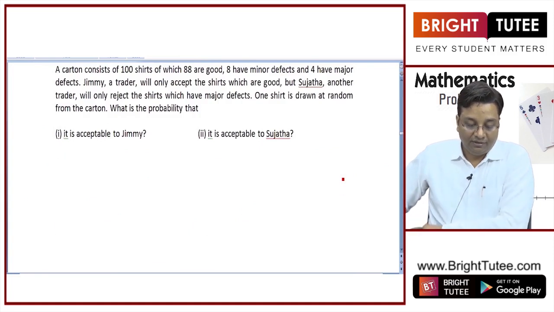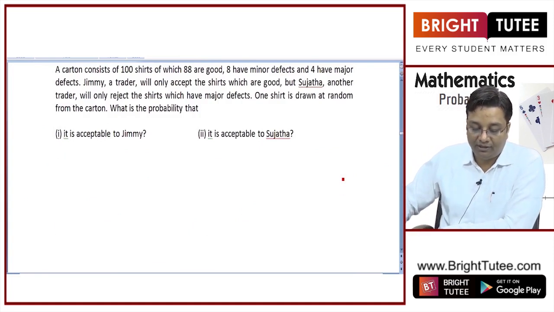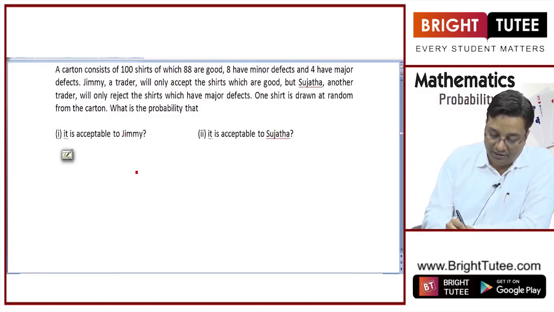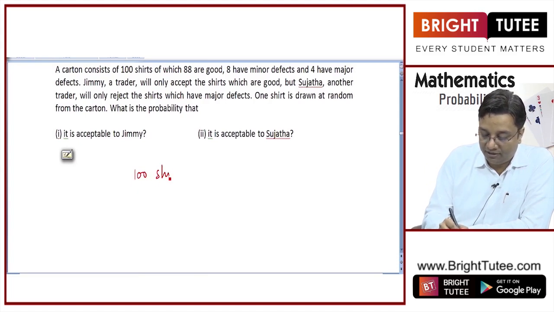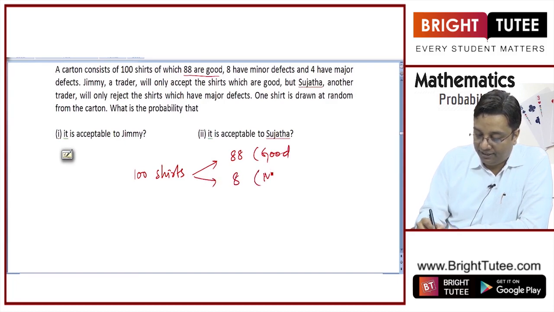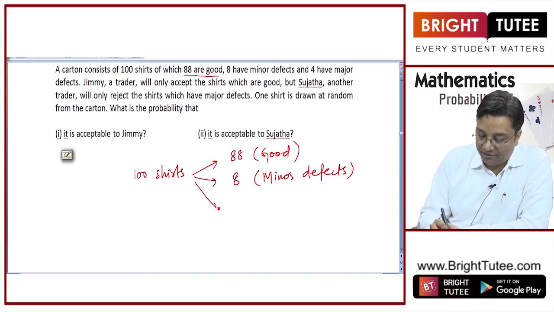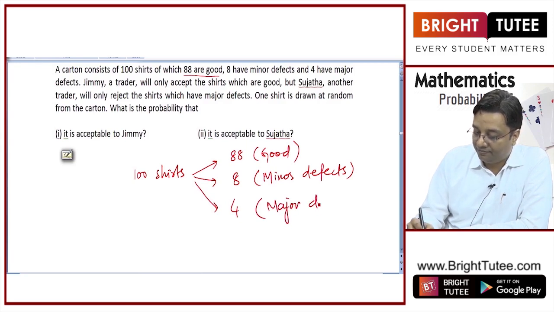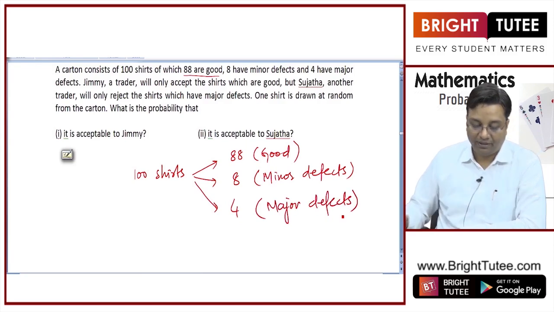Now there is a carton which consists of 100 shirts. There is a carton which has got 100 shirts in total, out of which 88 are good. 8 have minor defects. 4 have major defects, right?